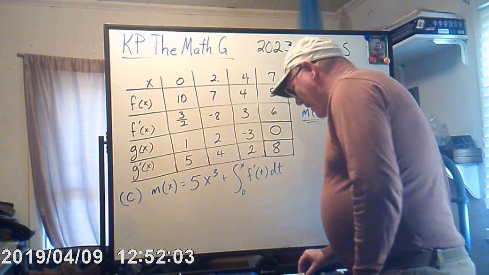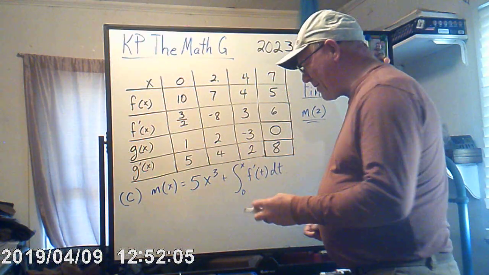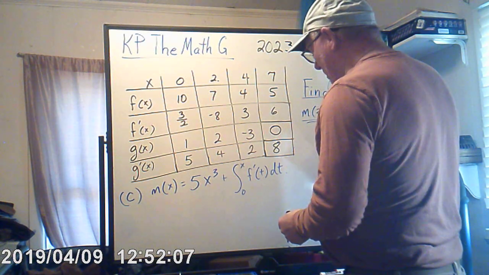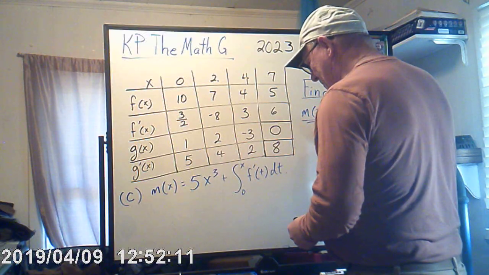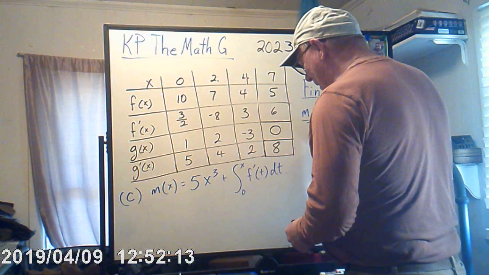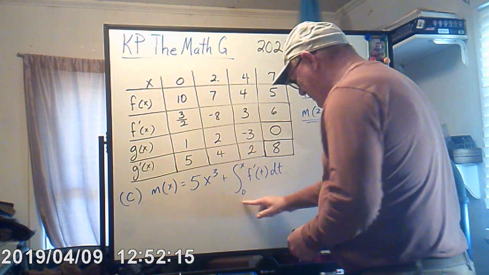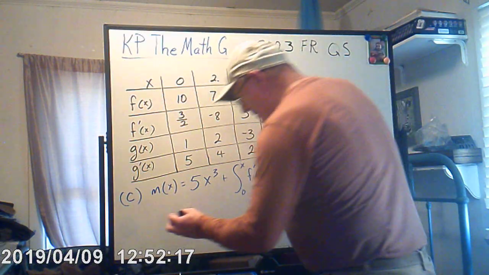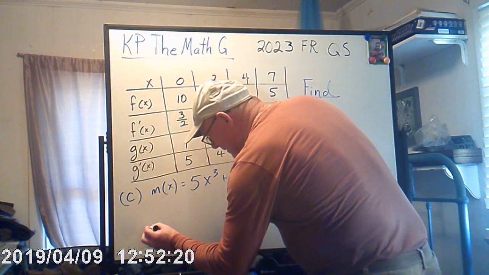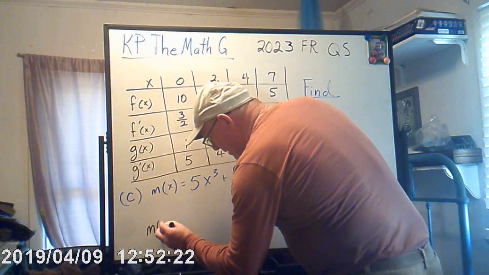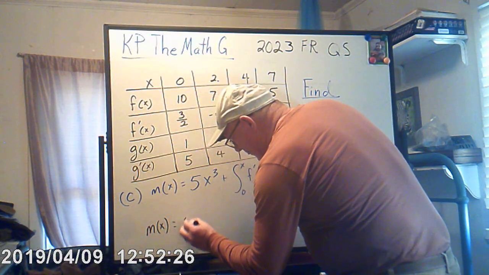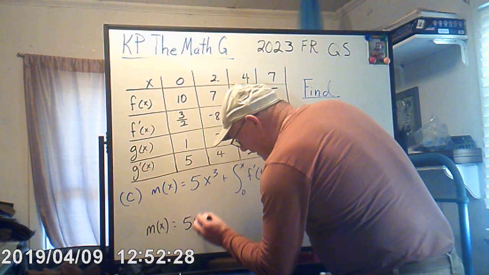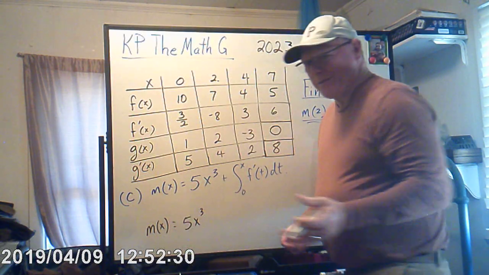So let's do that. Let's do m prime at x, because, oh no, we don't have to do m prime. This is just m at 2, right? So we don't have to do any prime, but now this, we got to expand. I'll show you. First of all, we'll deal with m at x. It is equal to, nothing changes because it's m at x. You're not doing a derivative.